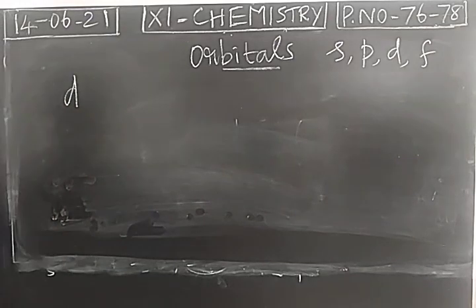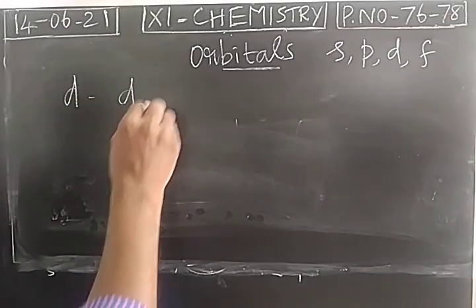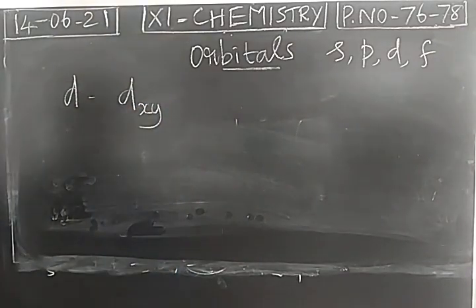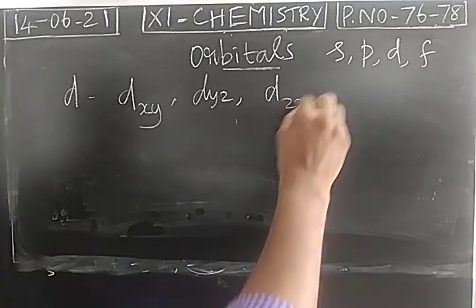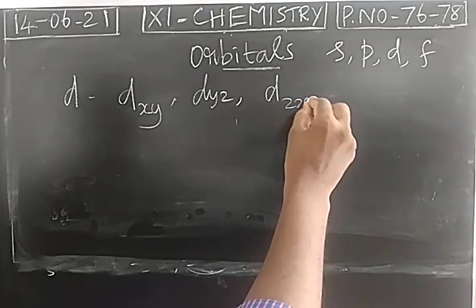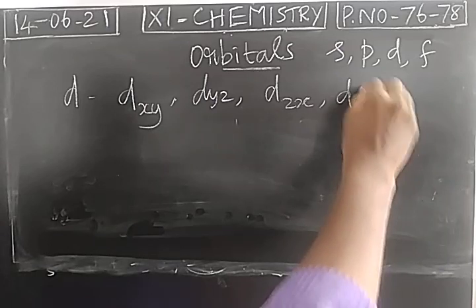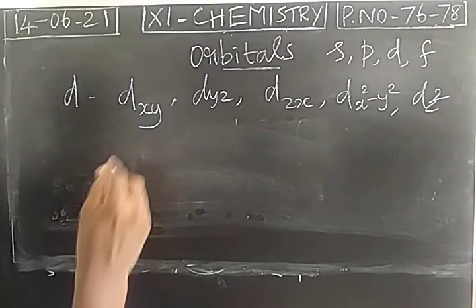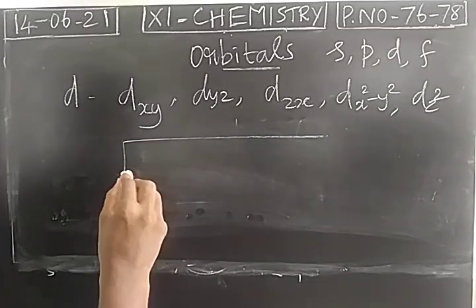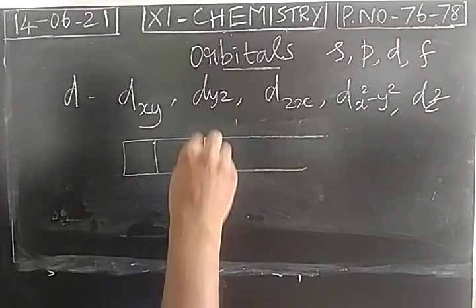Then take a d orbital. It has 5 different orientations. So 5 types of d orbitals are present. They are dxy, dyz, dzx or dxz, dx square minus y square, dz square. So when you consider d orbital, it has 5 types of orientations.